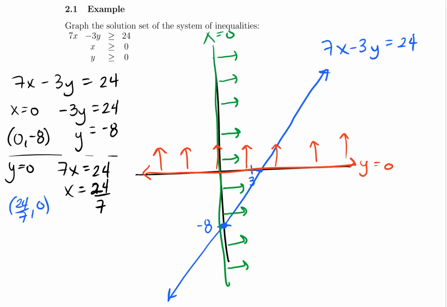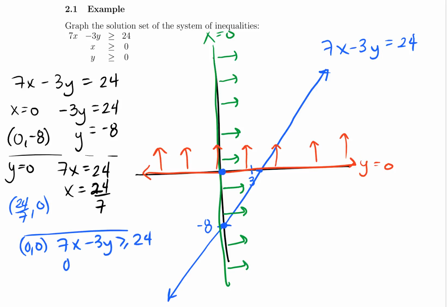Now we need to know which side of the blue line is going to be a solution. So we'd want to pick a point that's not on the blue line. Since the origin (0, 0) is not on the blue line, let's test the origin in the inequality 7x minus 3y greater than or equal to 24.